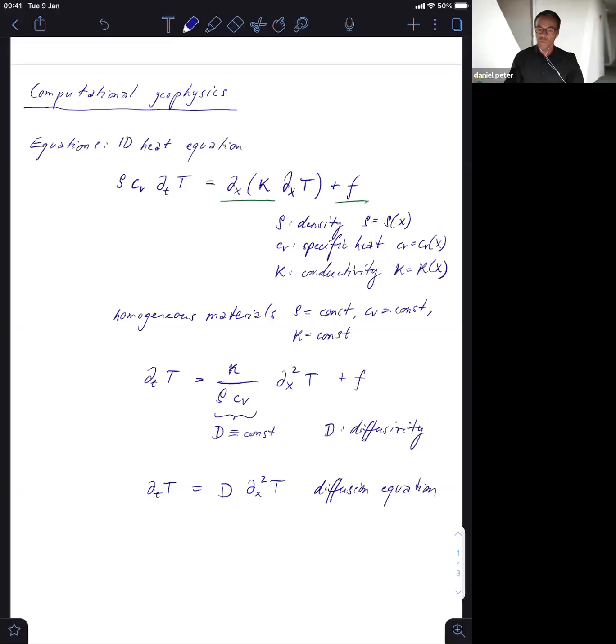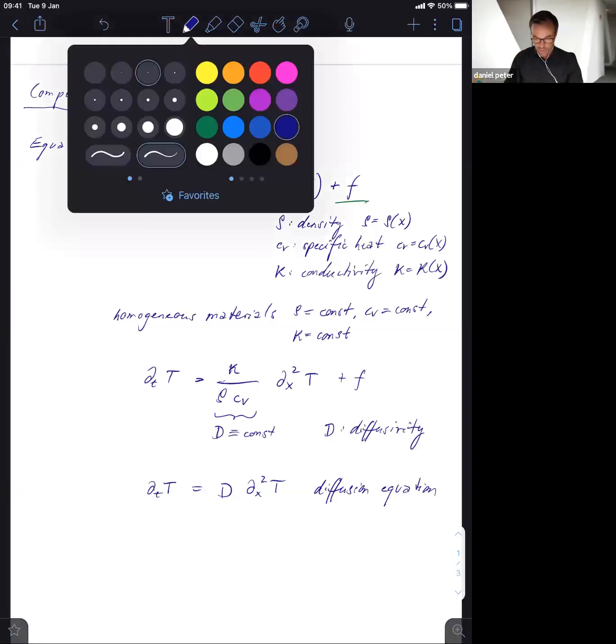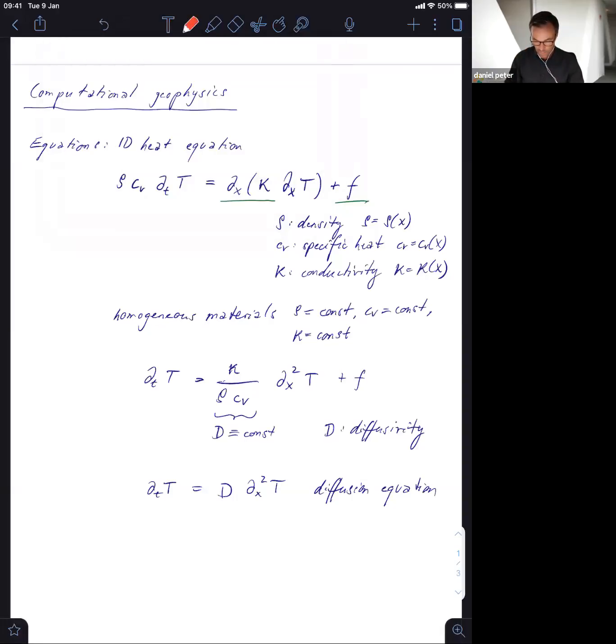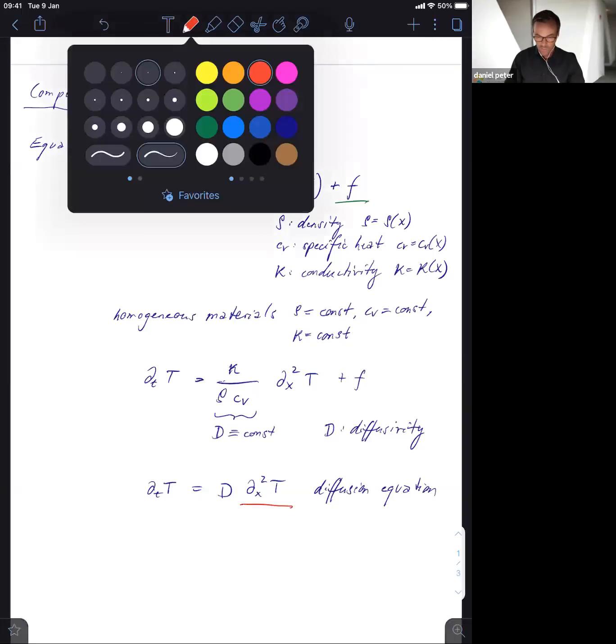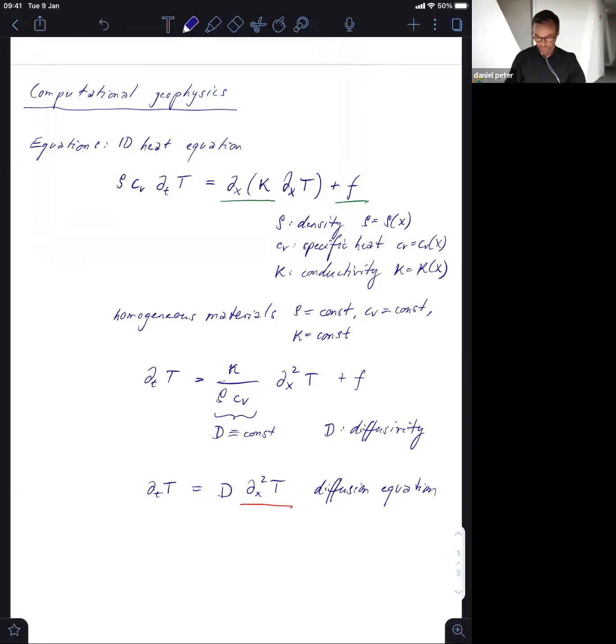Which is a very simple equation because it has a temporal derivative, first order, and this is the main part here, the second order spatial derivative. So that is the diffusion equation, and in this case it is for a homogeneous material.